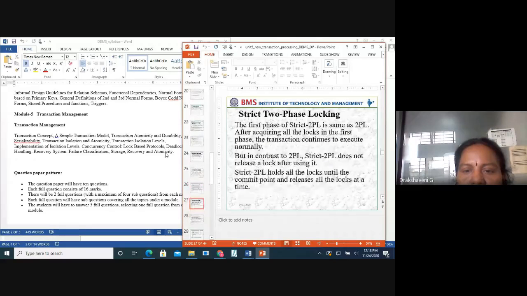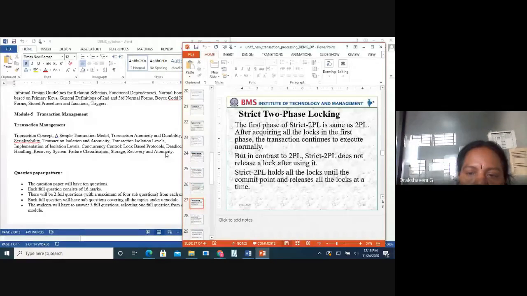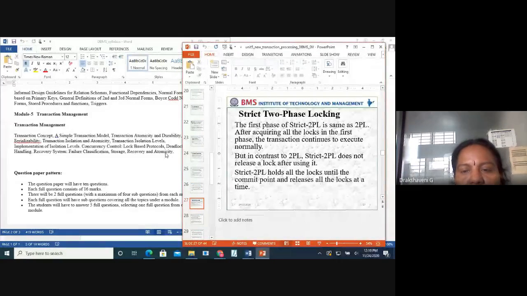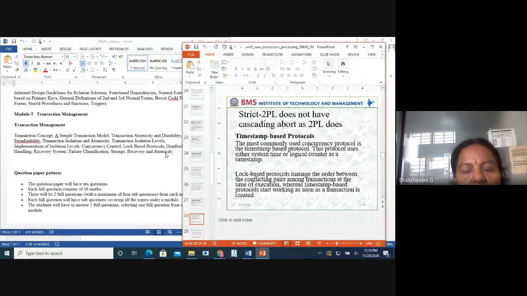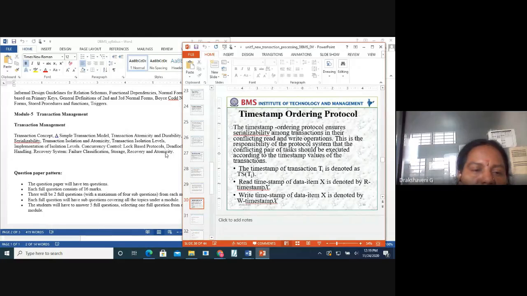Again, we have seen the two-phase locking system, with a growing and a shrinking phase. That's what 2PL stands for. Next, we have seen timestamp-based protocols, and in timestamp ordering, how to order the transactions.